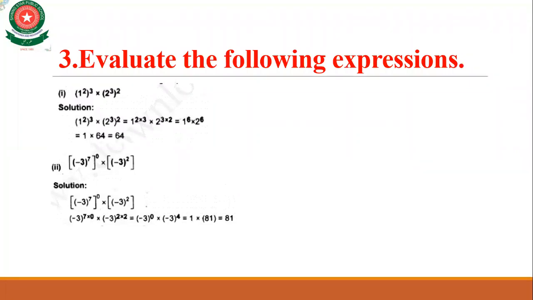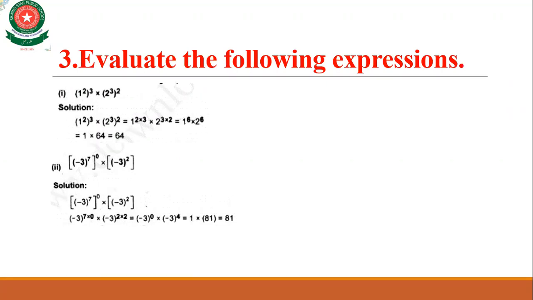Just multiply both the powers of 1 and 2. By multiplying, you will get 1 power 2 multiplied by 3 into 2 power 3 multiplied by 2. Now after multiplying, you will get 1 power 6 into 2 power 6.